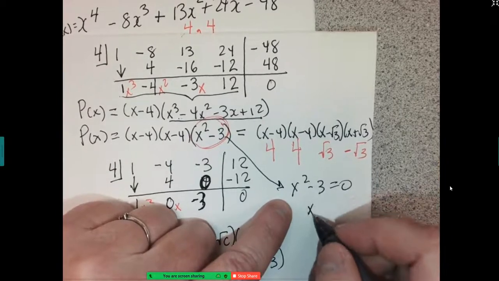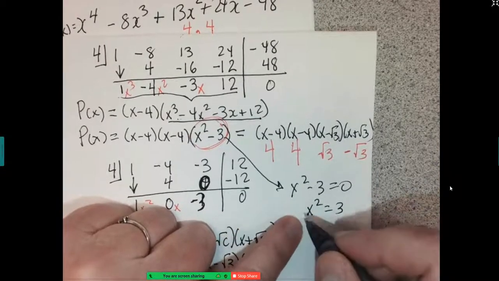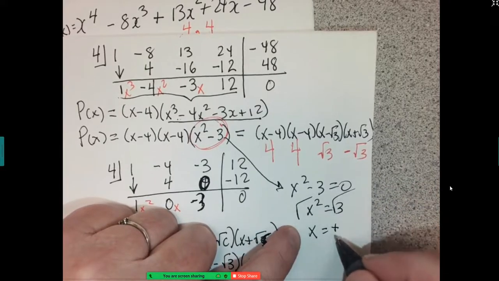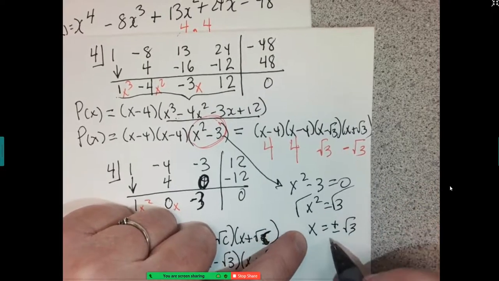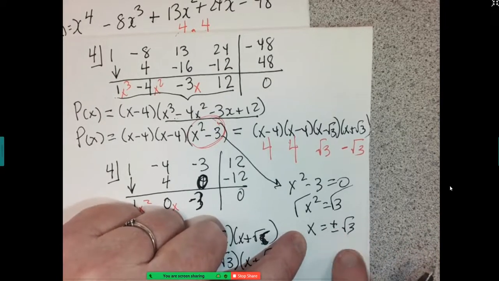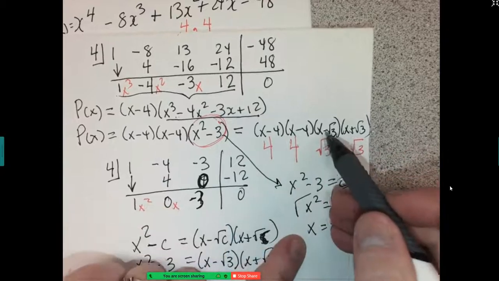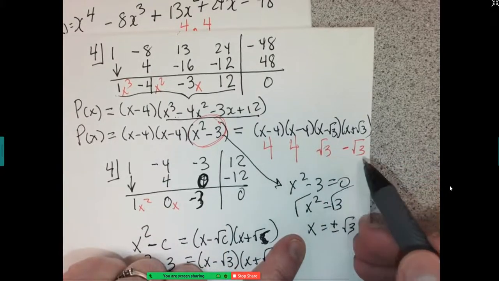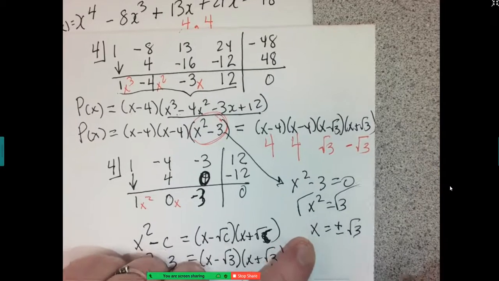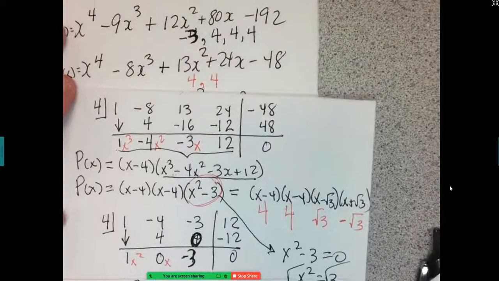Add 3 to both sides, take square roots of both sides. When you take square roots of both sides, you get a plus or minus. That's where a lot of people go wrong. They forget the negative one. This is why I prefer to factor it, because then you can see the two ones. But that will also give you the zeros, plus or minus square root of 3.